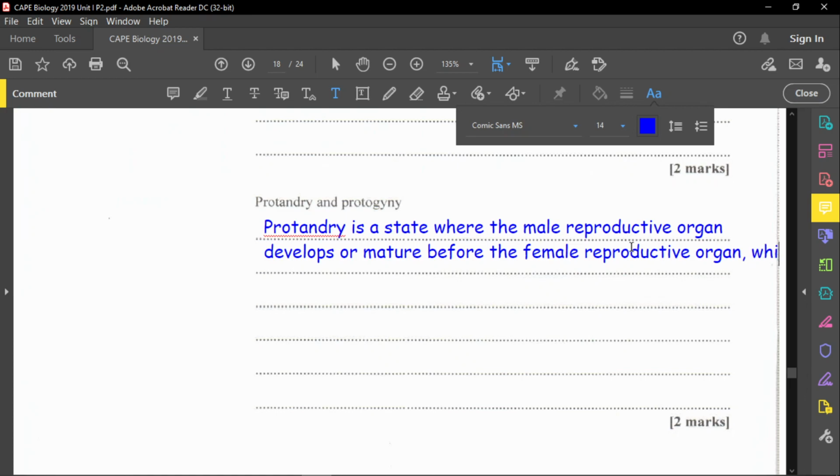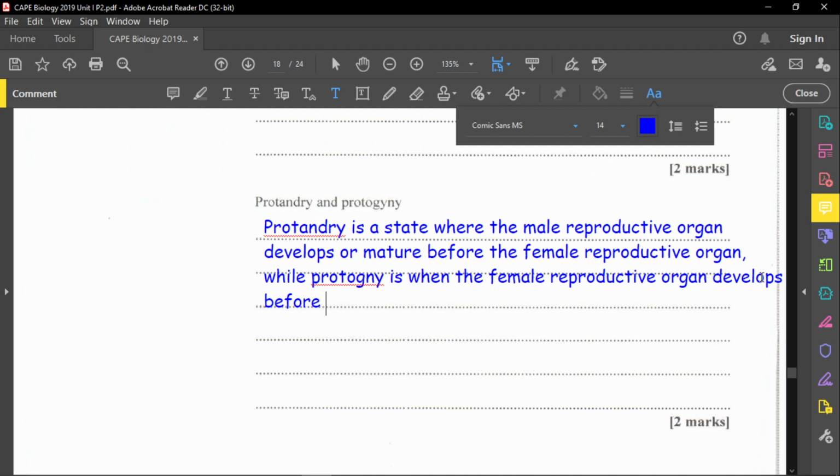All right, so while protogyny is when the female reproductive organ develops before that of the male.